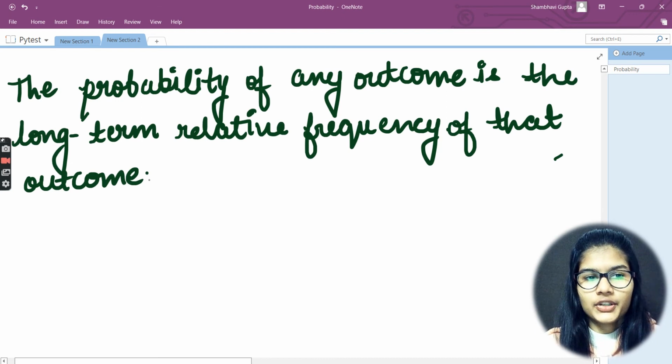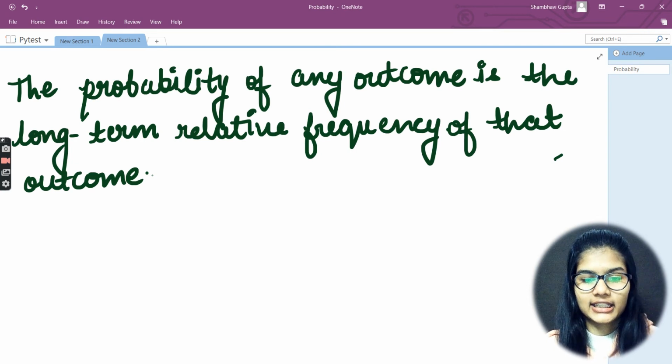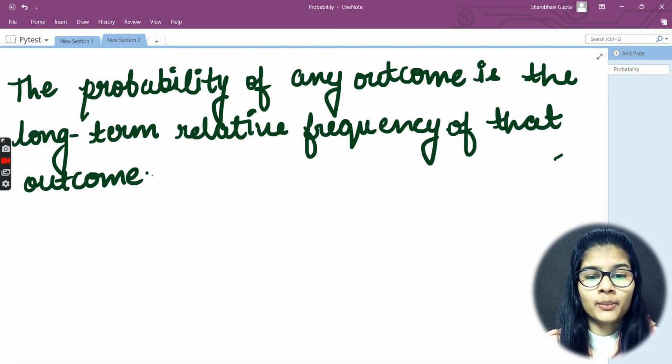Hope I'm clear with that. Now we know that probabilities are between 0 and 1, including 0 and 1 and all the numbers between these values.